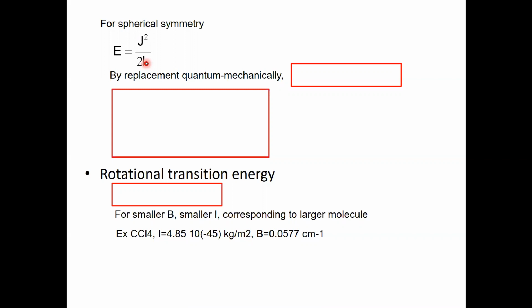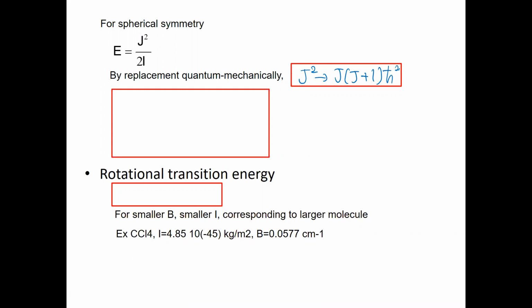The angular momentum J squared can be quantum mechanically replaced with J(J+1) h bar squared.